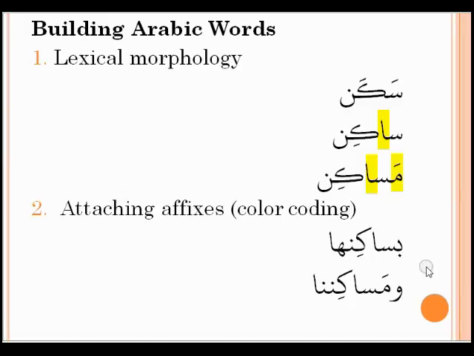In this case, bisakiniha, if you want to look at the original word, the stem in this word, we'll color code it with different codes than the first. So here you see there's a preposition attached to the beginning of the word and a pronoun to the end. While sakin is right in the middle here, it's the base word, which is the second word up here. So this is a totally different process with a different color code.